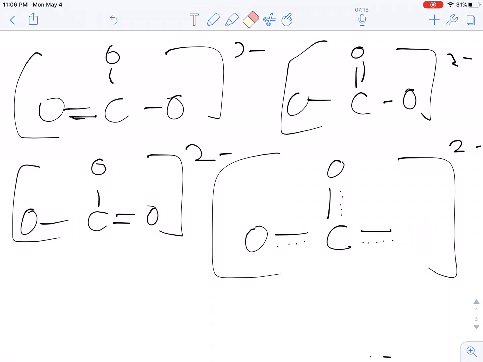Okay? Now, I'll make a video that explains what is actually happening with a resonating double bond. Some chemistry teachers get this wrong in that the double bond is not actually moving from place to place. Okay?